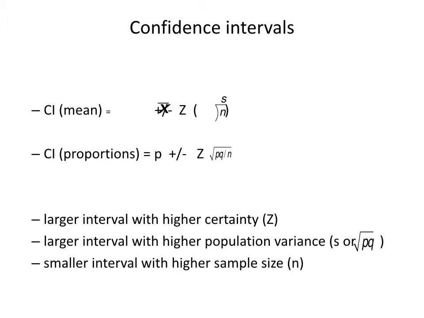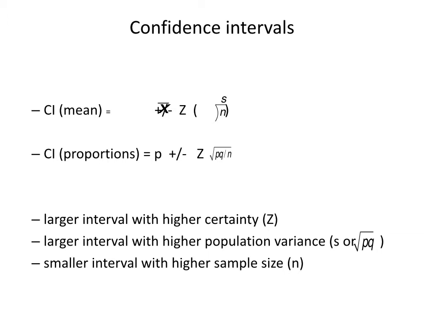Now notice that, what a confidence interval means is that the researcher believes that the sample plus or minus some error component captures the population parameter at some level of certainty. And the level of certainty is reflected by the z-score.